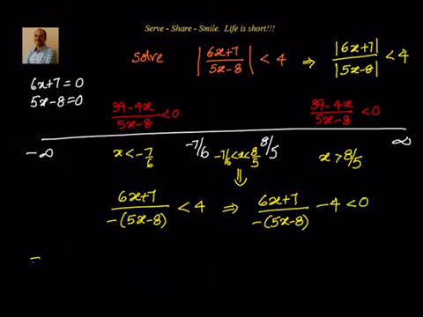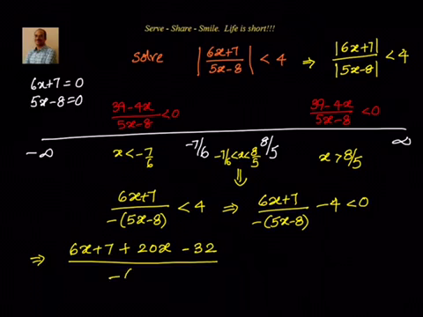So can I write the next step for that? If I take the LCM, I'll have 6x plus 7, minus of minus is plus, 4 into 5 is 20x, minus into minus into minus, that is minus 32, divided by minus of 5x minus 8, is less than 0. Now if I simplify that, I will have 26x minus 25 divided by 5x minus 8, with the minus, is less than 0.